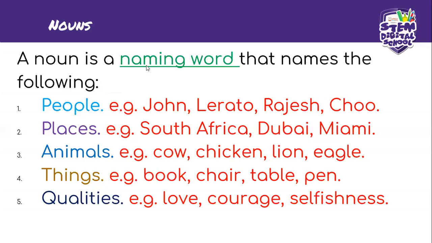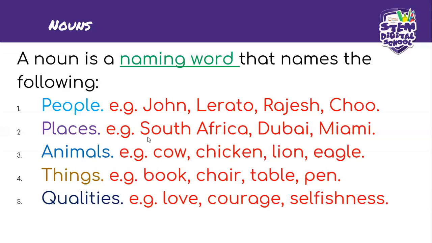We said that a noun is a naming word which names people. Here are some examples: John, Larato, Rajesh, Chu. So you realize that all these are the names of people, and chances are you know someone with one of these names. Number two, a noun is a naming word that names places.